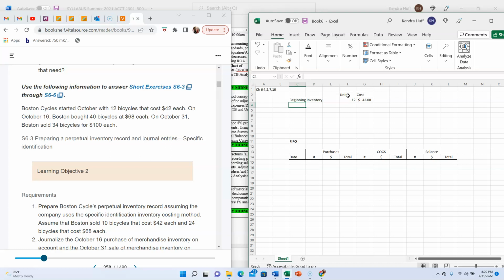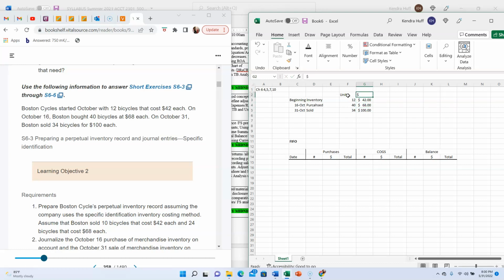Alright, then on October 16th, we purchased 40 at $68. And then on October 31st, we sold 34. And actually, let me change this to dollar amount. And we sold them for $100.